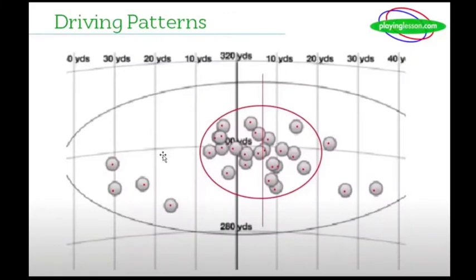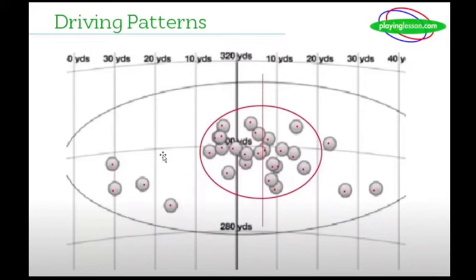So according to Scott's research, the average tour player has a 65-yard dispersion with driver. So that means that from their most left miss to their farthest right miss, they're missing an average of 65 yards left and right. This is important to know because it shows that they are not perfectly accurate with their clubs.